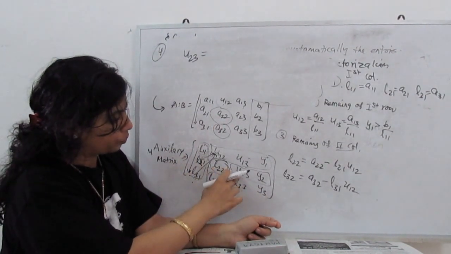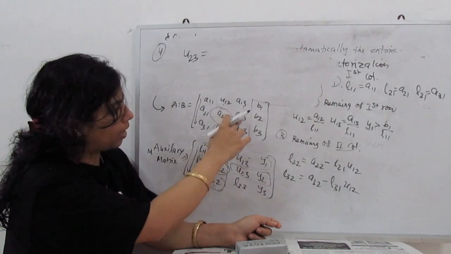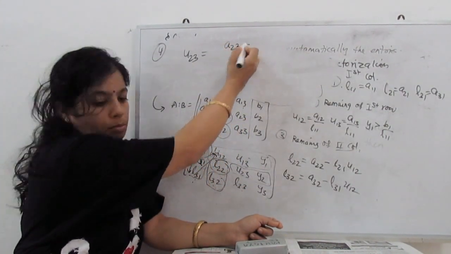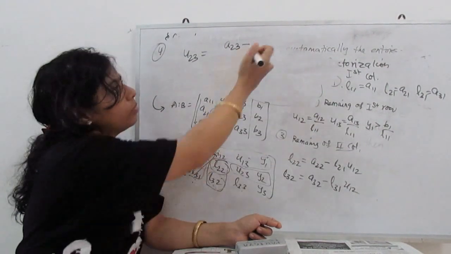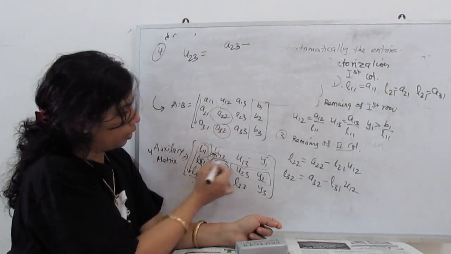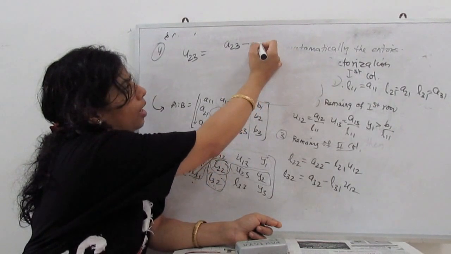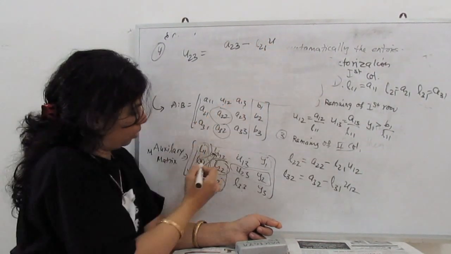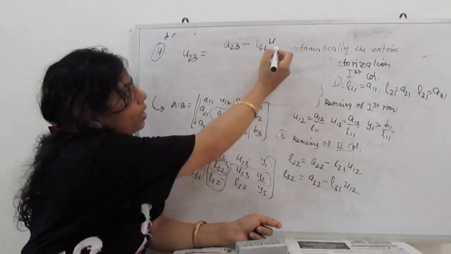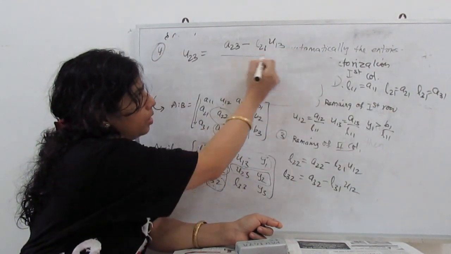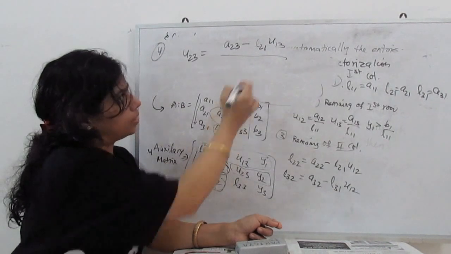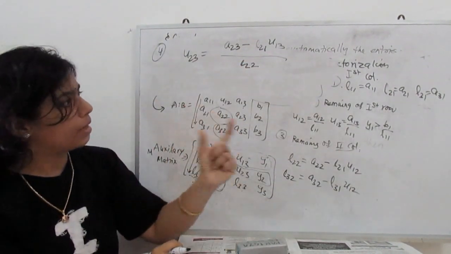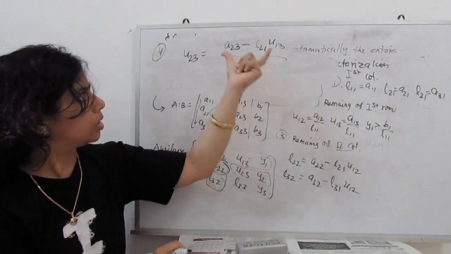So U23 is given by a23 minus L21 U13, divided by L22. This is the same as the first row, but now it is the second row.